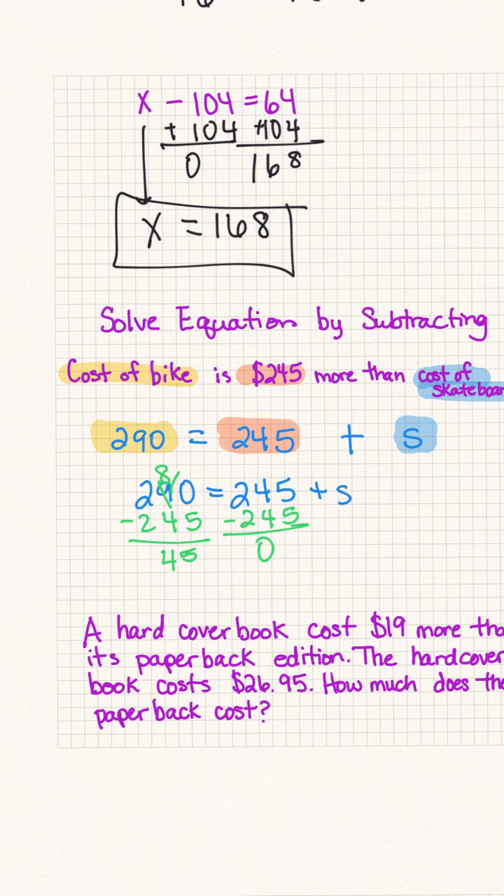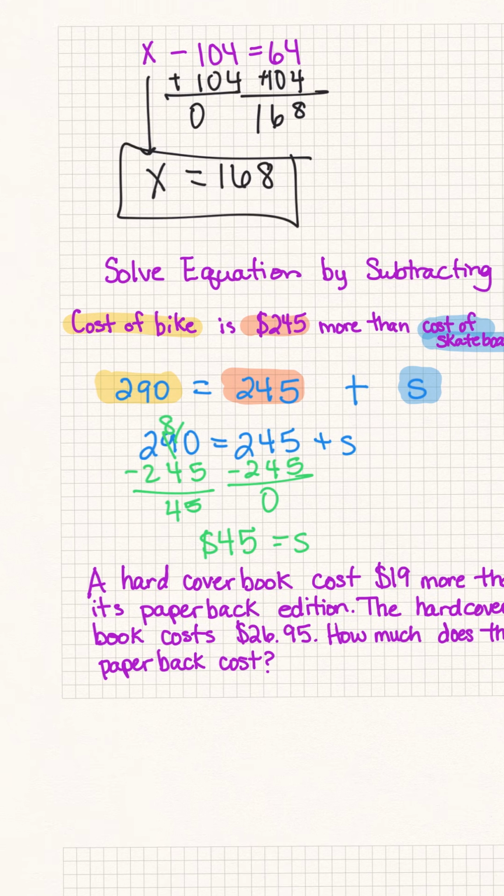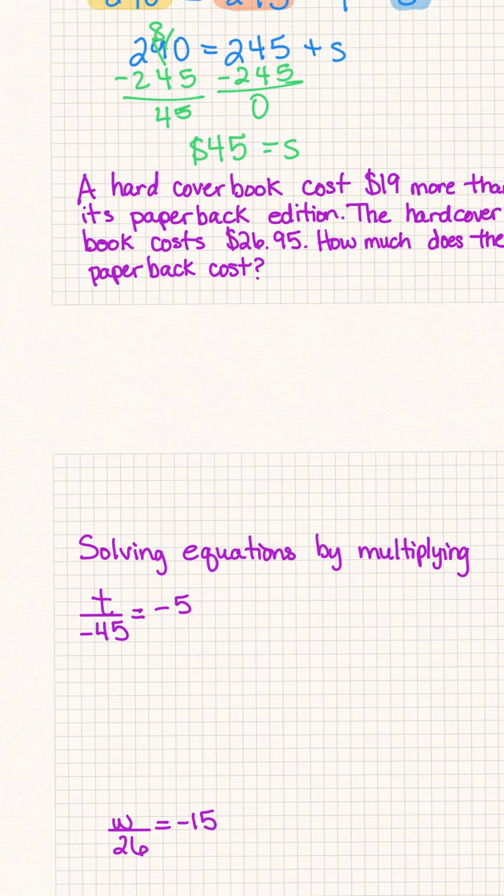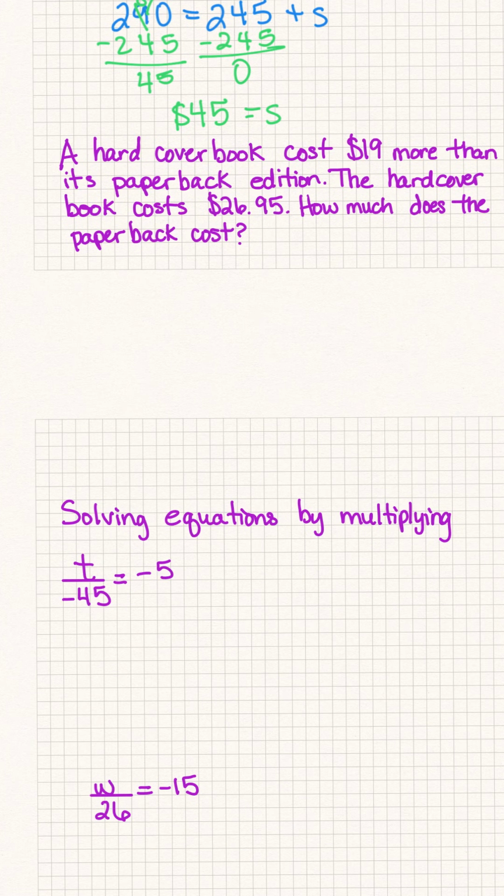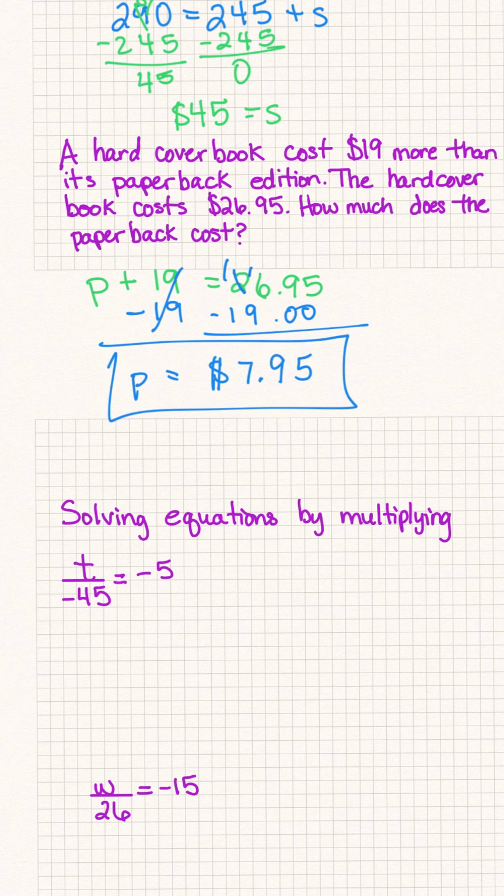Therefore, the s, the skateboard, cost $45. We can double check ourselves: 45 plus 245, yes, it does equal 290. Here's one for you to try. Press pause and see if you can get the correct answer. You should have got $7.95. The paperback edition plus 19 equals $26.95.